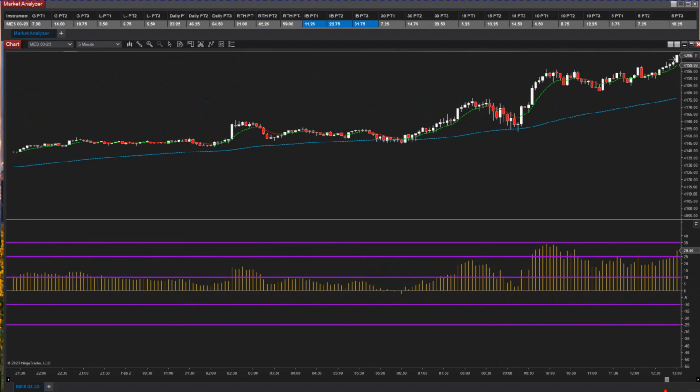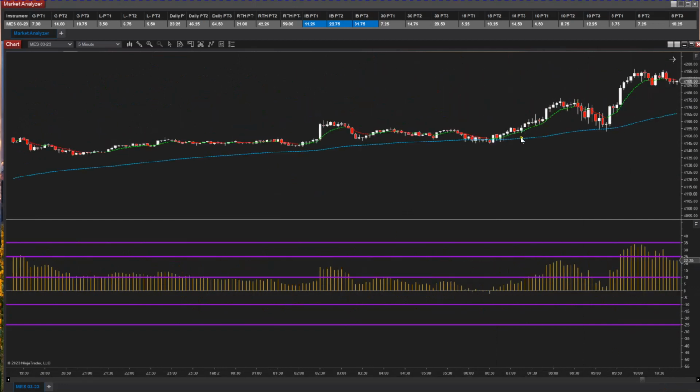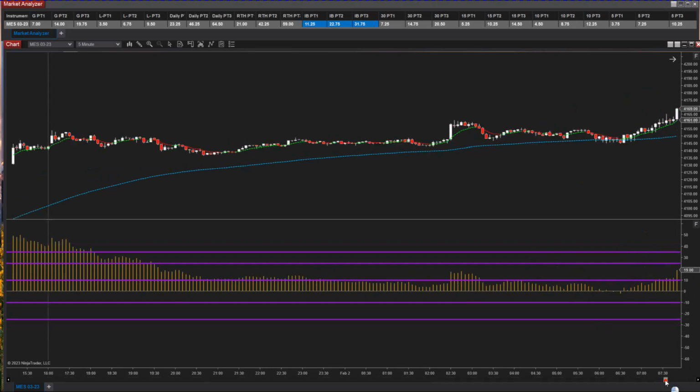So I think that, and here's a good example of it going long, stay above your 8 EMA and you should be able to come in and get 10 points. And here's the market analyzer to show us that it was in the 10 points. Well, actually, it got a little bit wider than 10, didn't it, right there?